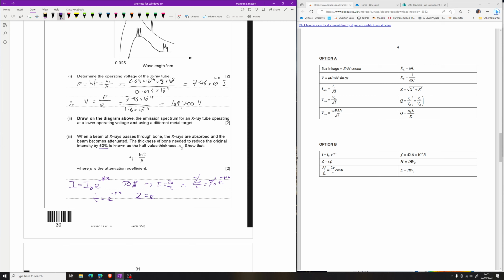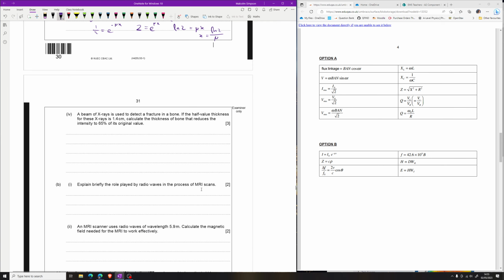I prefer it this way. I know it doesn't make any difference, you can do it with the logs afterwards, but still. So natural log 2 equals mu x. x equals log 2 over mu. That's it. Okay.